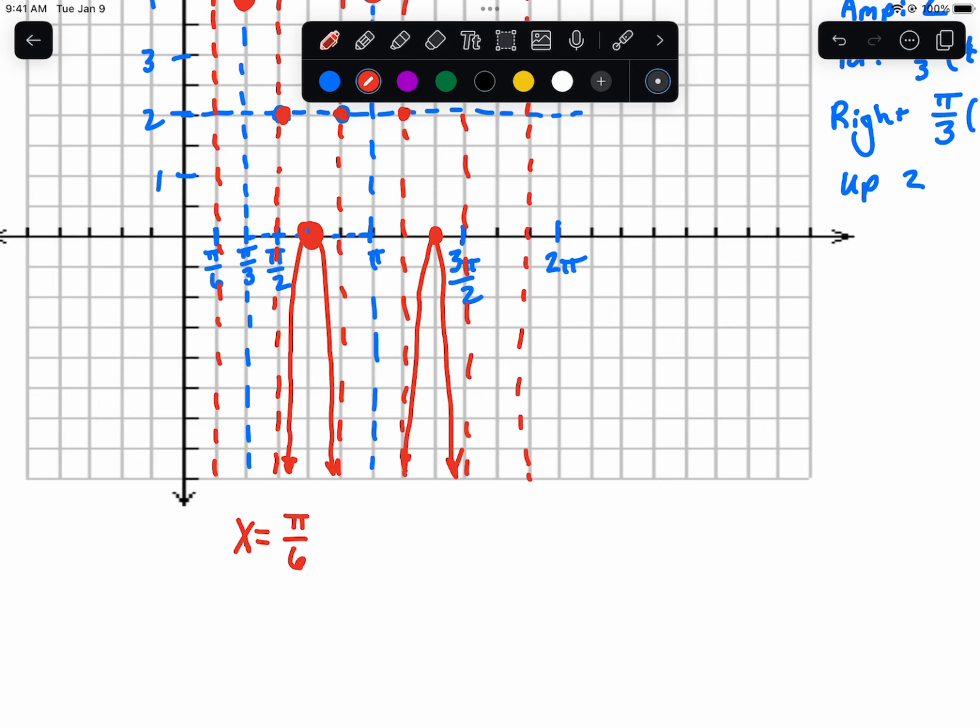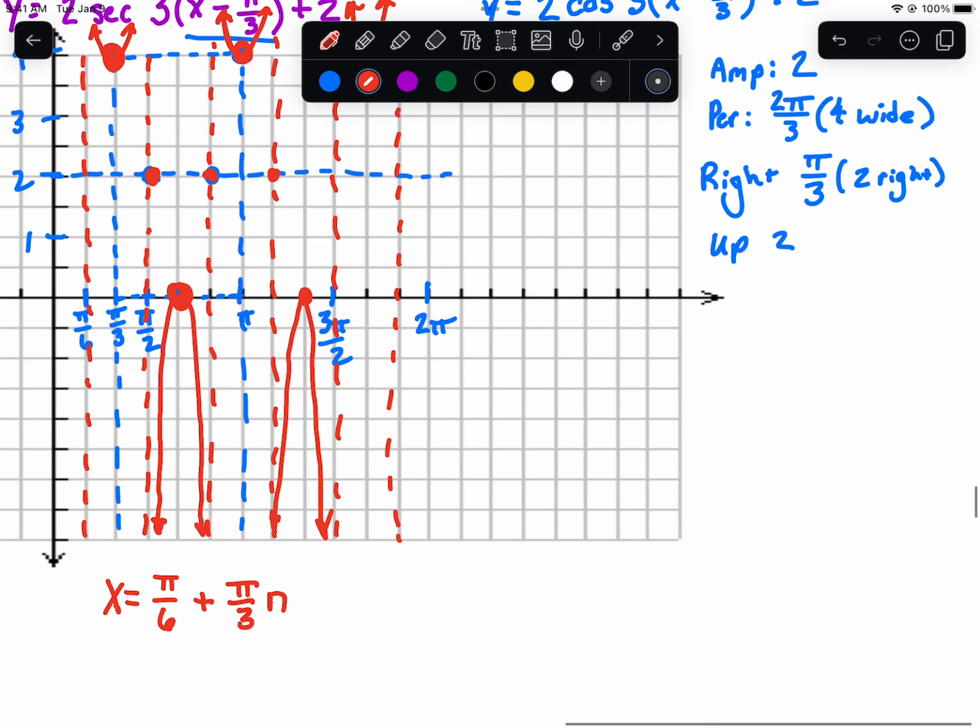If it's 2 ticks wide, that should be pi over 3. Also, I kind of mentioned earlier, whatever your period is, if you do half of it, half of 2/3 is 1/3. That's what you put as far as the plus the pi n thing. So plus 1/3 pi n, and that should be the location of the vertical asymptotes there.